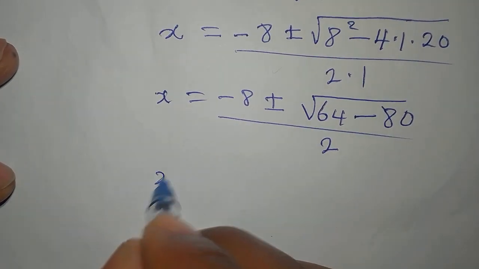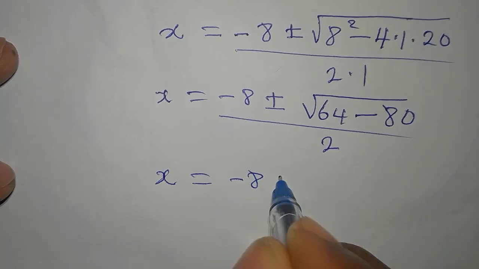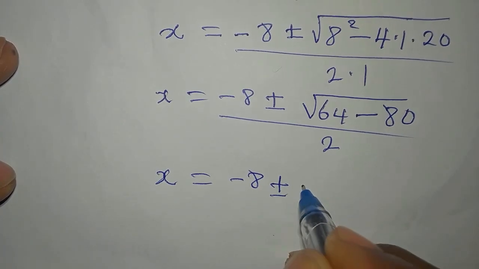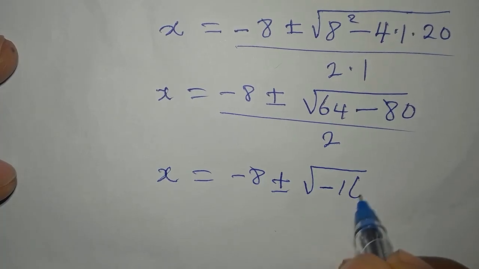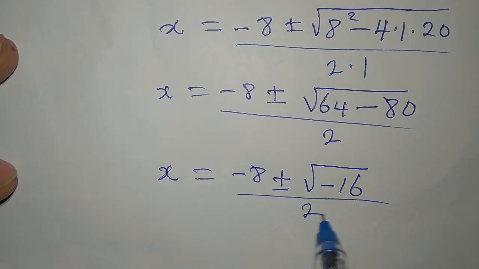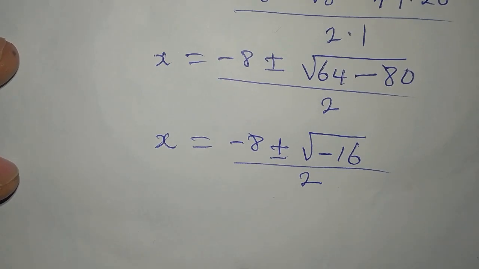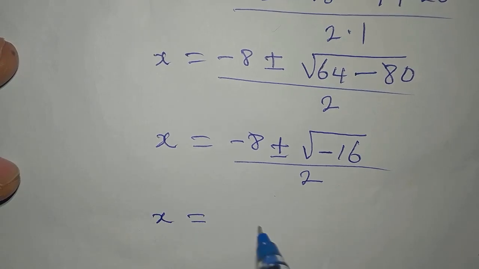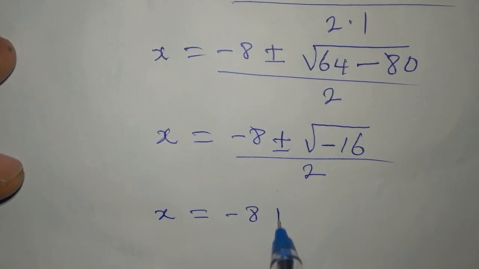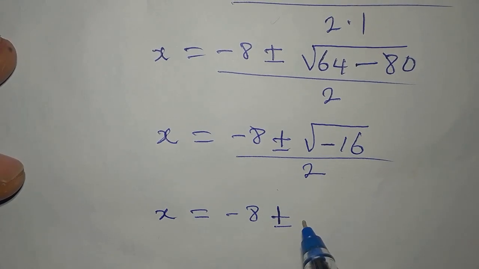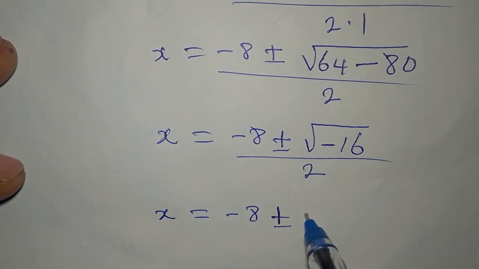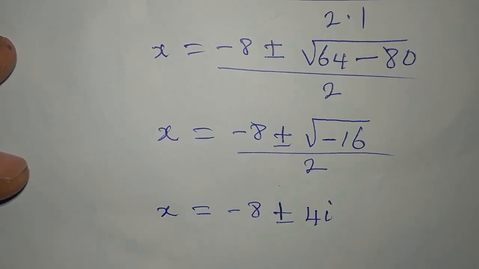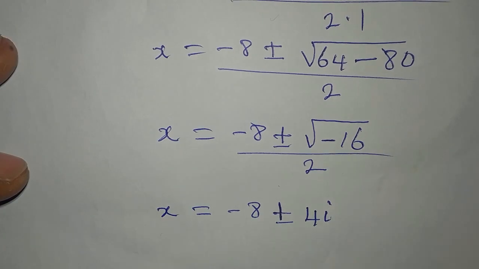Okay, so our x will now be minus 8 plus or minus, if we subtract this we have minus 16, then we divide by 2. So to continue, our x will be equal to minus 8 plus or minus, now this square root of negative 16 will give us 4i. The i is because of the negative there.